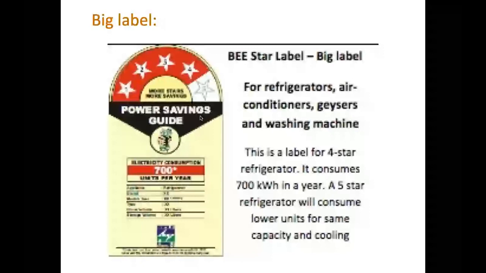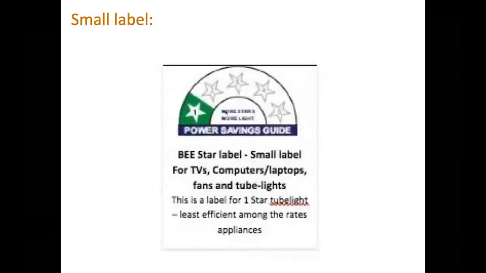So products with the big labels are, as I told, refrigerators, air conditioners, geysers, as I mentioned here. And if you're talking about the small label, it can be found on appliances which usually don't consume much energy.